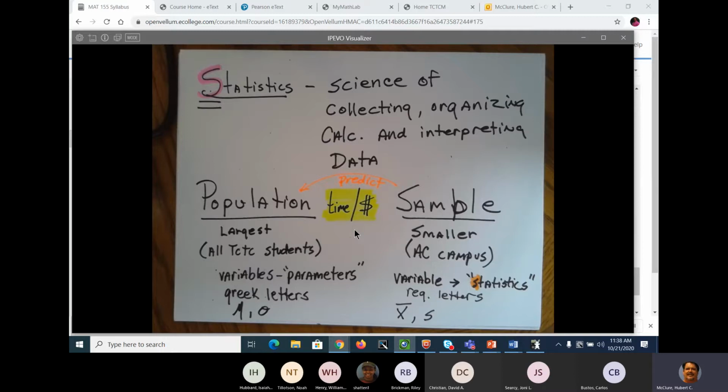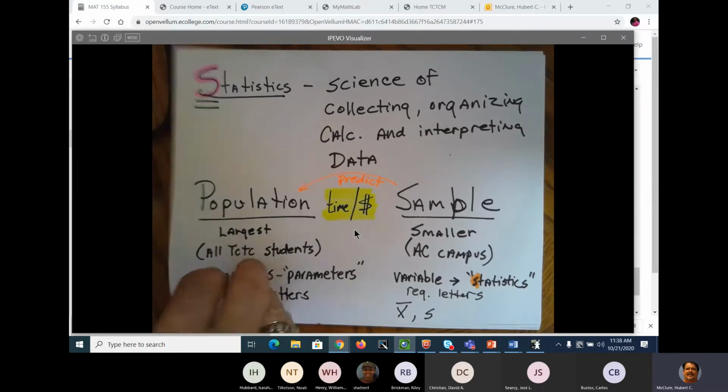Now, there's a couple other things you need to know about statistics. What kind of things do we use? What kind of numbers are there? Well, there's two types of numbers in statistics. Then, first of all, what kind of information? First of all, there's qualitative data.